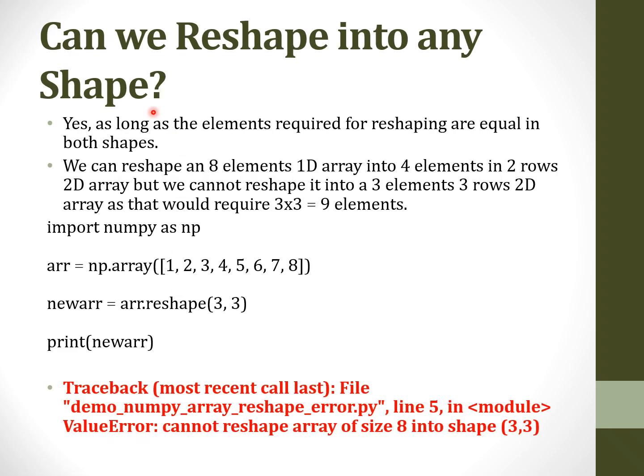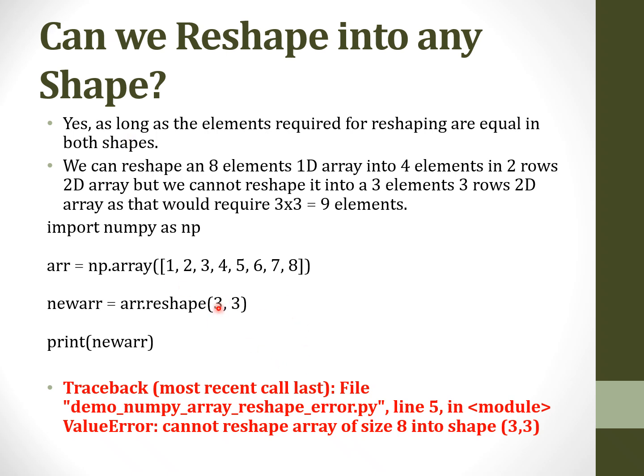Now a question arises, can we reshape any one-dimensional array to any shape? Yes, it can be done as long as the total number of elements in the one-dimensional array is equal to the number of rows multiplied by the number of columns multiplied by the number of frames. If both are equal, then we can very well reshape any matrix into any other shape.